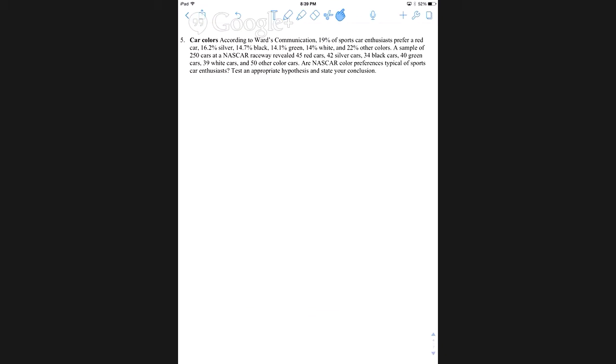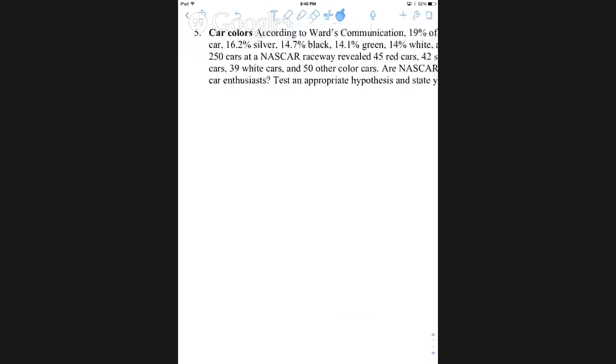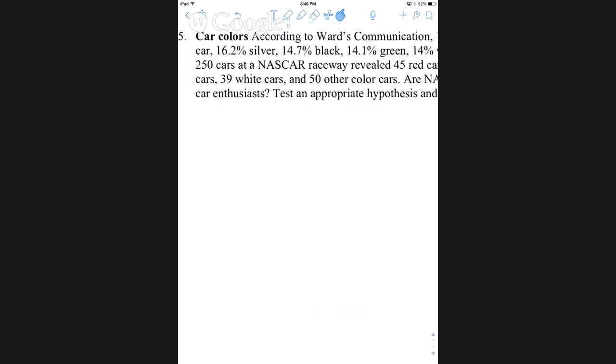So we have to write our little table here of expected values and observed values. Okay, so let's start off with our hypothesis. I'm going to zoom in just a little bit so you can see what I'm doing.